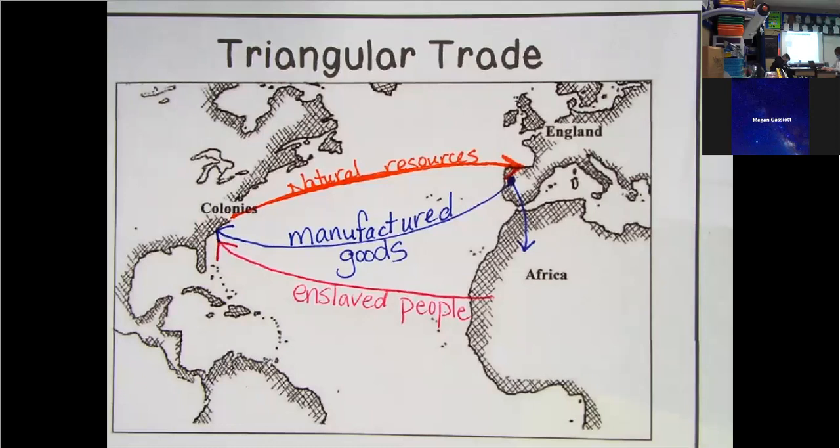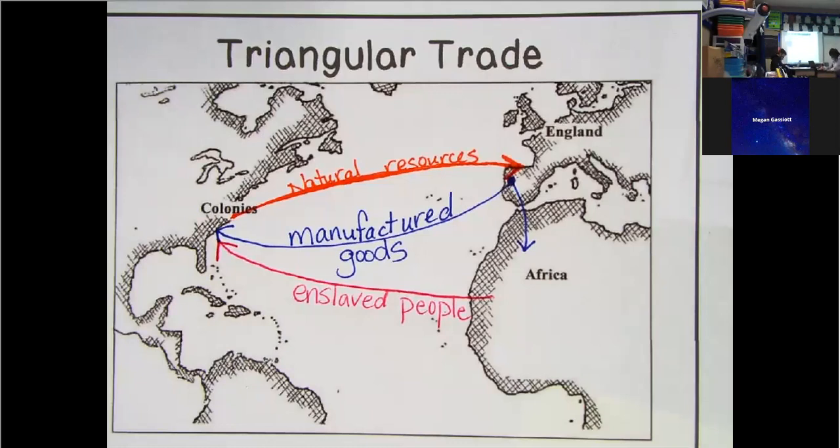It's hard to write in colored pencil. That's why I said y'all could use marker, pen, crayon, whatever you want to use. Okay. If you want to write slave, if you feel comfortable writing that, go ahead. I don't. I tend to use enslaved people because that's what they are.